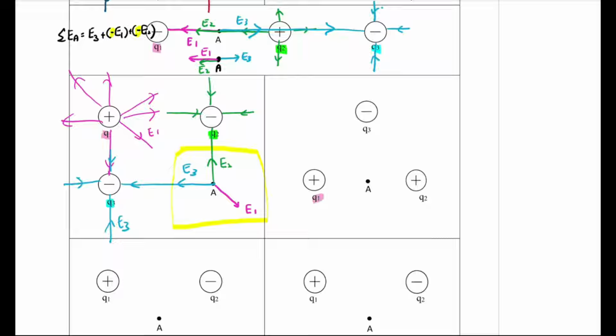Okay. Q1. Q2. And Q3. Okay. So now Q1 positive. So dia keluar macam ni kan? Betul? So E1 dia mesti ke kanan. Tarik panjang macam tu. So E1 dia kita ambil macam ini.